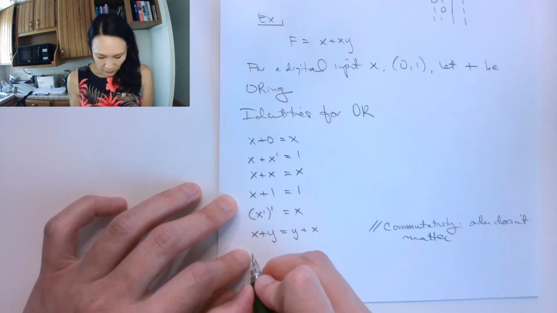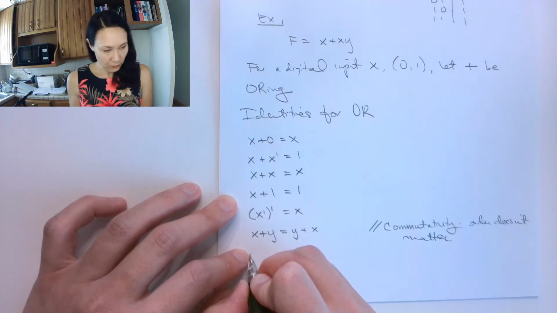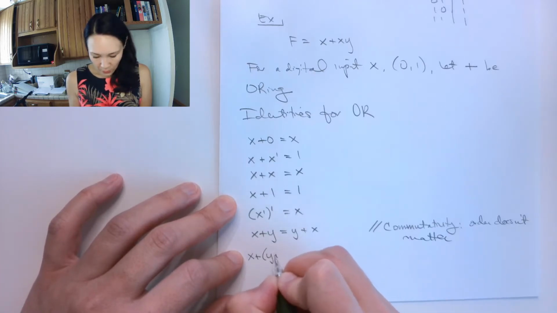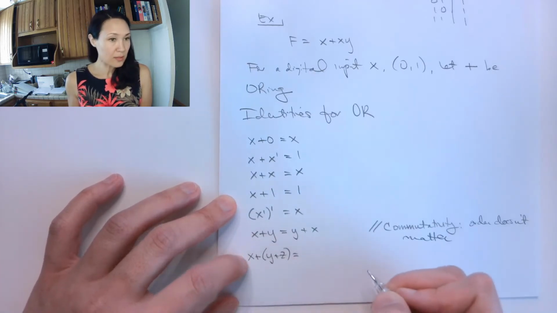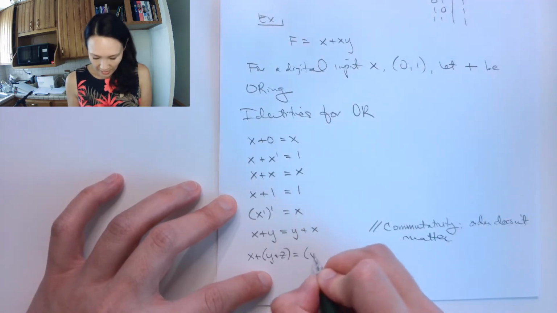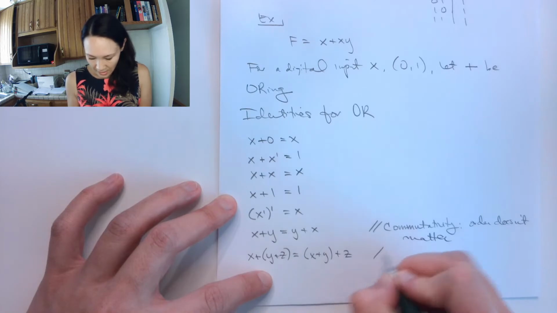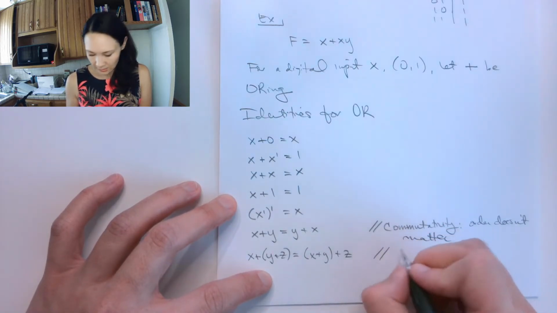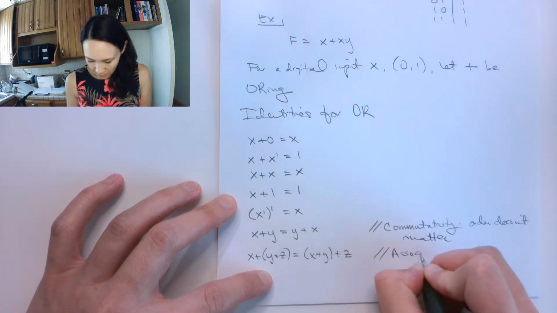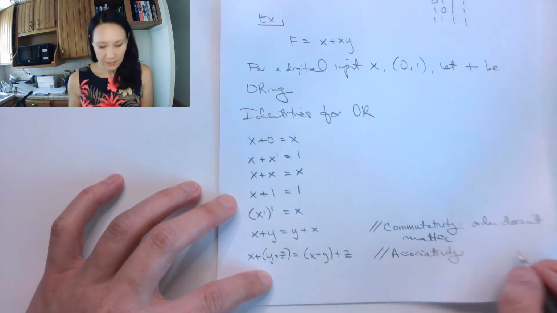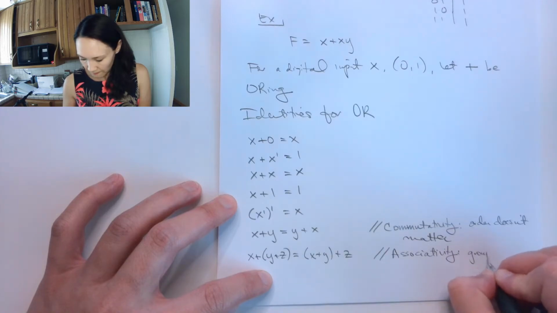Okay, the next one we have is that if we have x ORed with y OR z, that's going to give you the same result as if you did x OR y first and took that result and ORed it with z. And you may recognize this as associativity, and that basically means that the grouping doesn't matter.